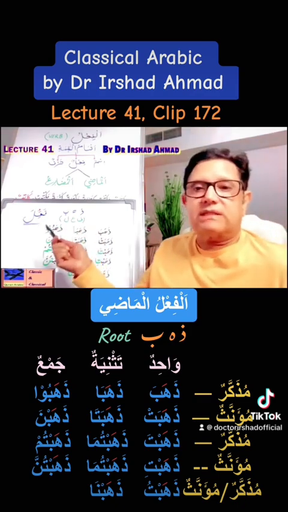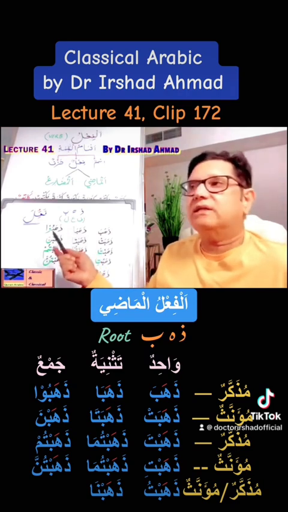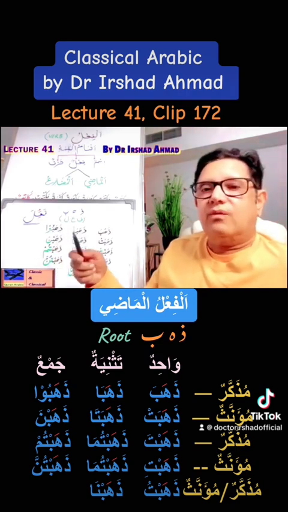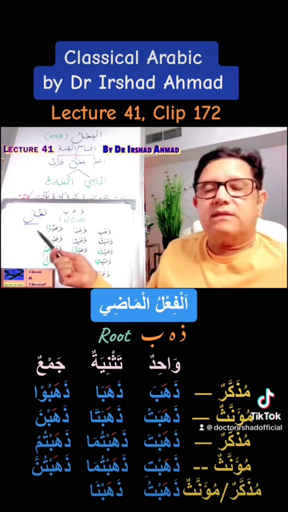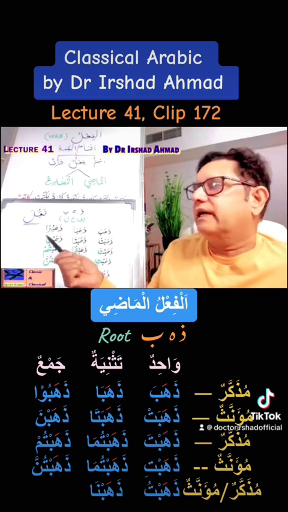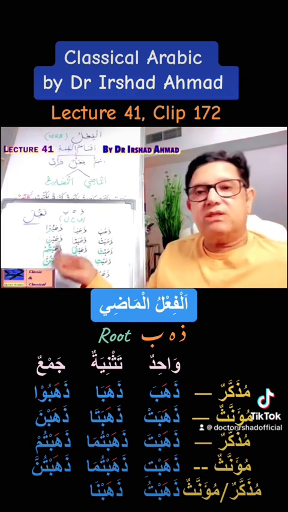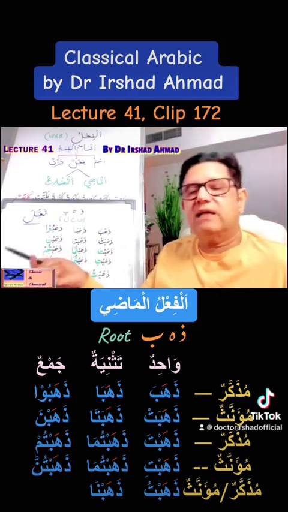I have also discussed this word in one of the previous videos, when we discussed the different sciences of Arabic grammar, and we said one of them is sarf, the science of nahw and the science of sarf.